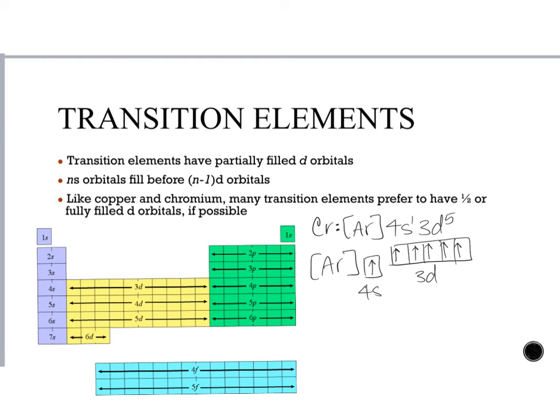All right, so I'm guessing most of you do not have this as your answer, but this is the answer. And this corresponds with that third bullet point. What you might have is 4s2, 3d4.